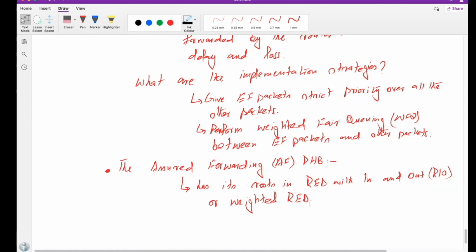Then we identified approaches providing quality of service support and established a taxonomy of real-time applications. After that, we discussed both the fine-grained and coarse-grained approaches, meaning integrated services and differentiated services. Dear students, thank you very much. Allah Hafiz.